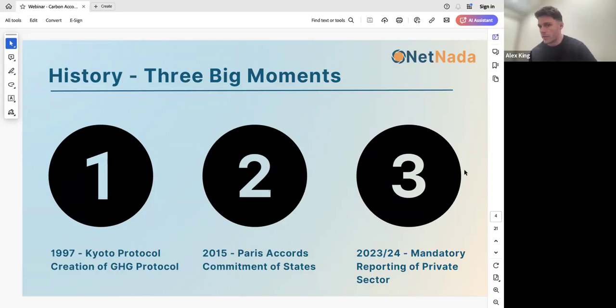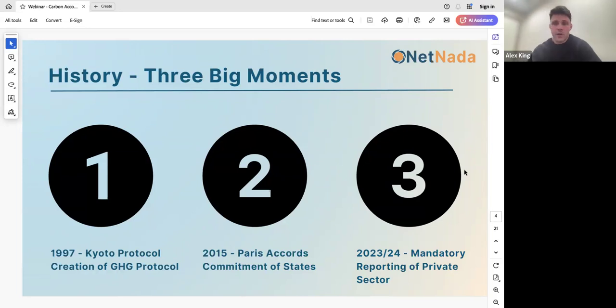Just in 2023 and 2024, we've seen this move from a commitment from governments to actually being a requirement, a mandatory reporting of the private sector. In March 2024, the SEC over in America announced that they will have this as a mandatory reporting requirement for their companies. More details to come out from them, we expect, certainly after the upcoming election.